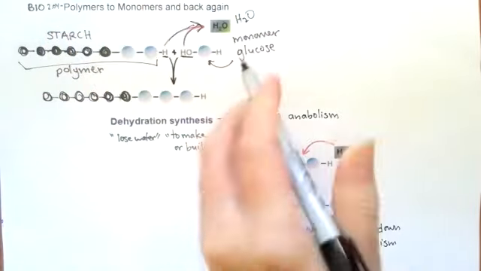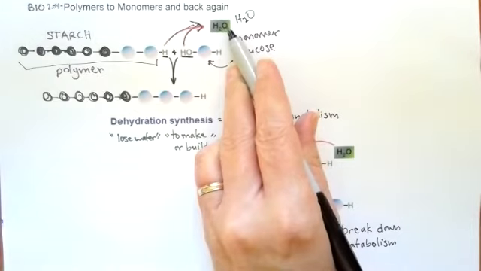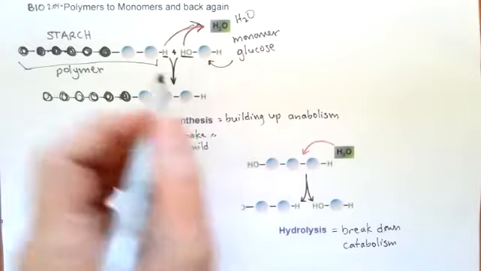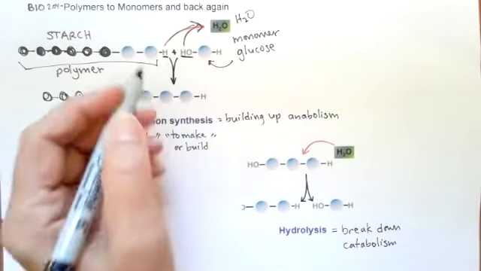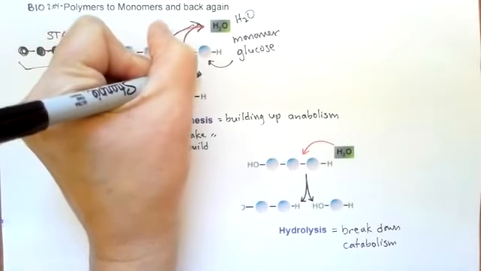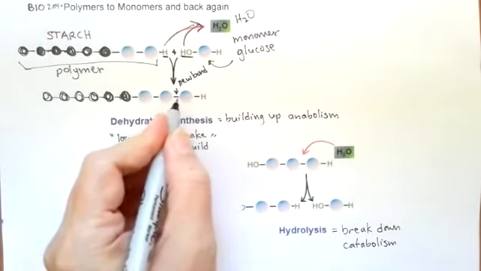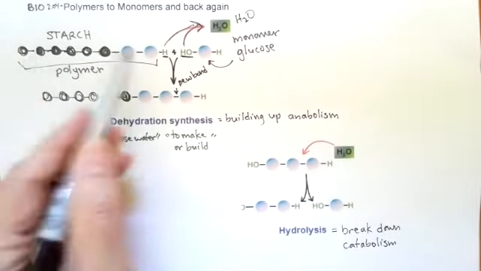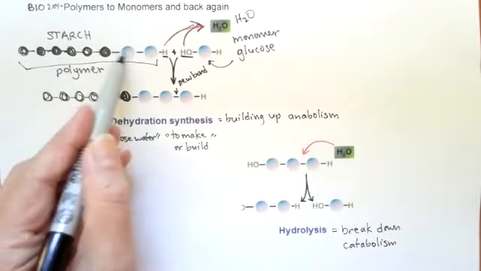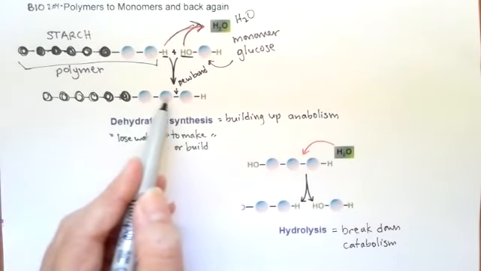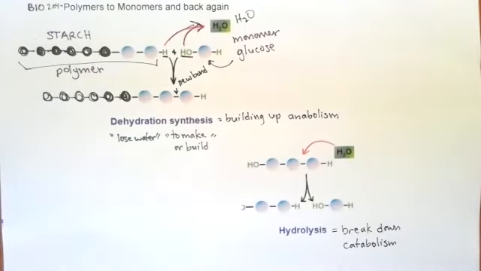This is a water molecule. When those combine and leave, it connects this to this, and we get a new bond. So we synthesized this new bond. I had a polymer that was 8 long, and now I have a polymer that's 9 long. And I can keep doing this again and again.